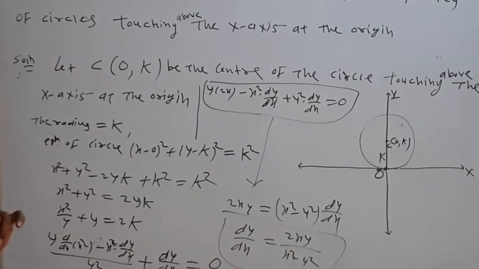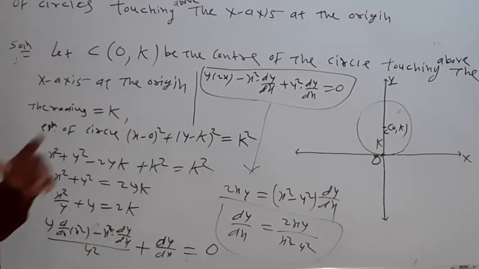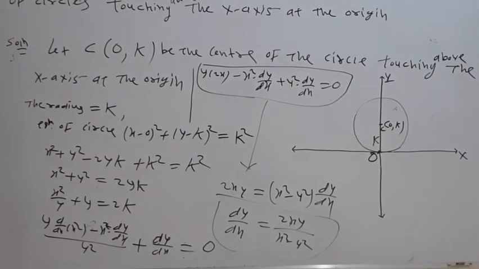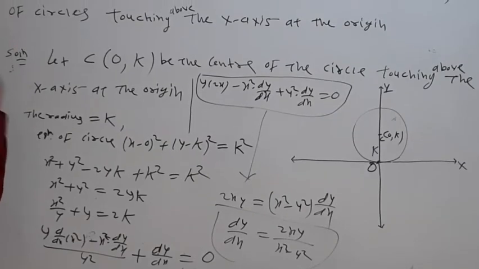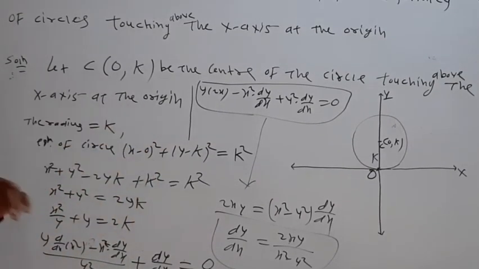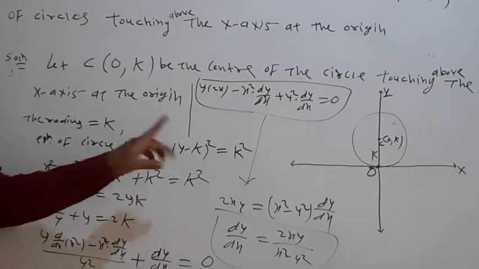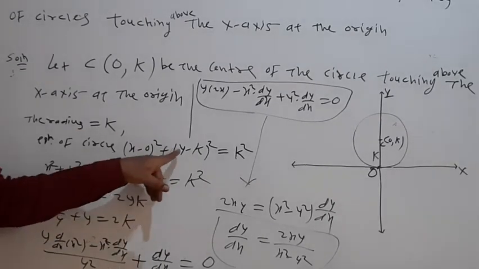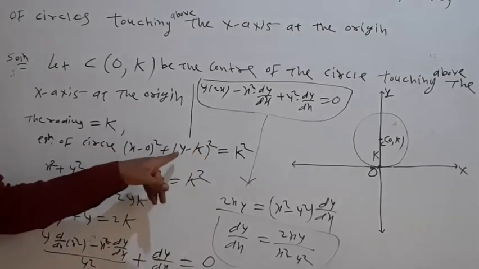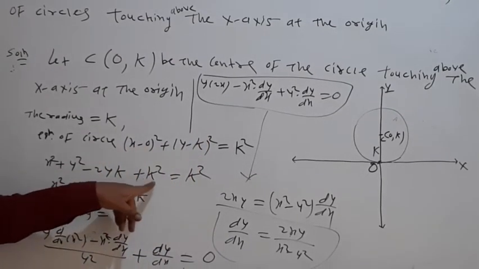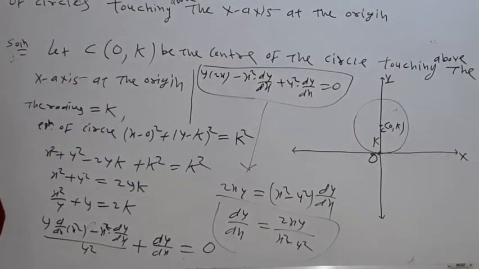Form the differential equation by differentiating and eliminating this arbitrary constant k. For this differentiation, we simplify the equation first and then differentiate. y minus k whole square is a square minus 2ab plus b square. Here y square minus 2yk plus k square is equal to k square.